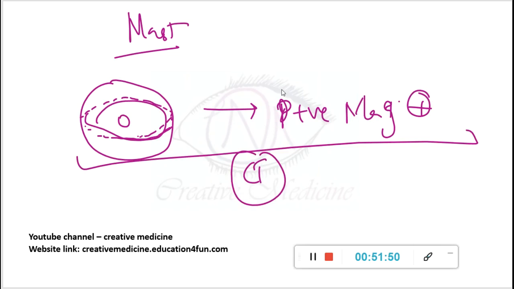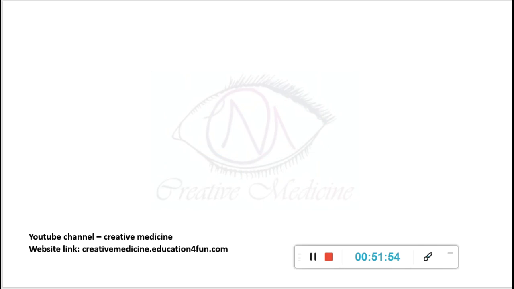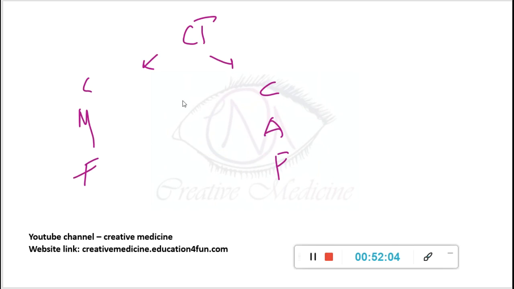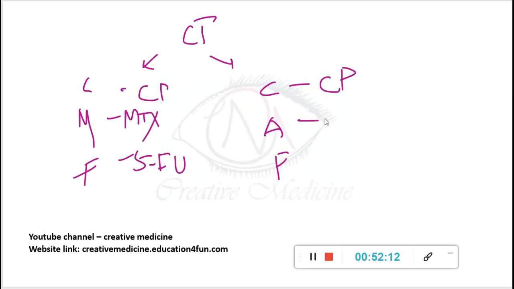Now, two types of chemotherapy regimen are available. One is the CMF regimen, the second is the CAF regimen. CMF has cyclophosphamide, methotrexate and 5-fluorouracil, whereas CAF has cyclophosphamide, adriamycin and 5-fluorouracil.